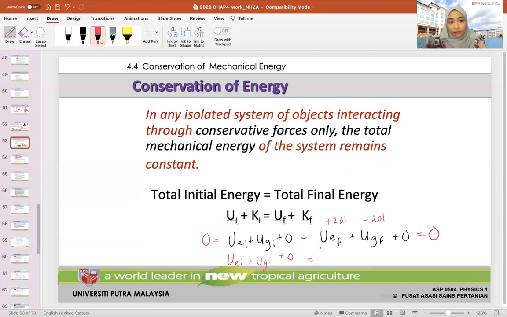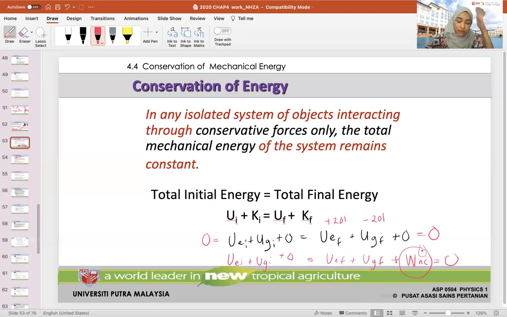And then for the final state, kita akan cakap UE final plus UG final plus WNC. So semua ni dia kena equal to 0 juga. So adalah benda yang akan compensate untuk WNC ni. What is WNC? The work done by non-conservative force. So instead of 201 plus and minus 201, value dia akan berubah sebab dia dah kena kacau dengan benda ni.